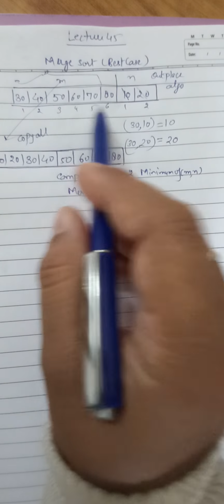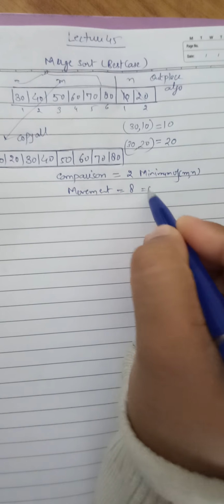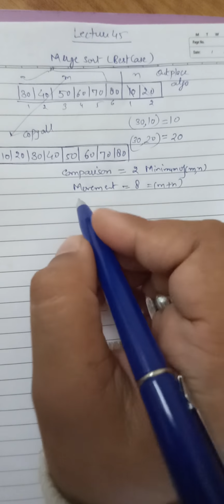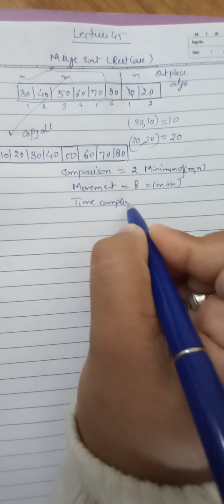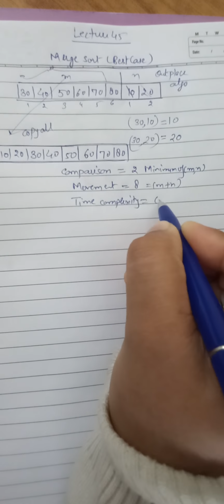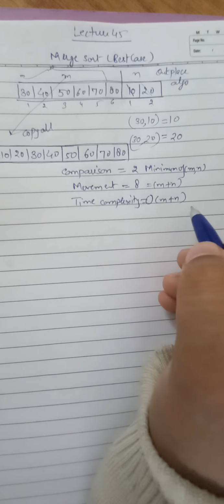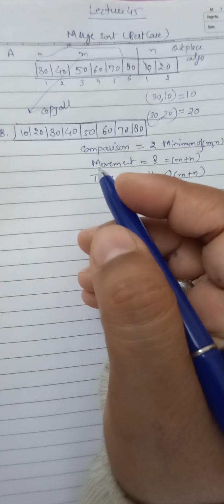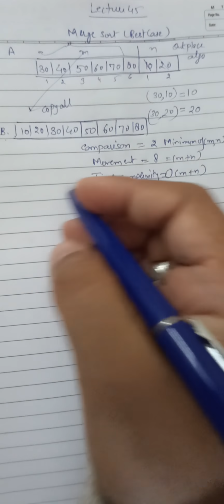How many elements do we have? 6 plus 2, 8. So movements are 8, or we can say m plus n. So we can simply say the time complexity is order of m plus n. The smaller group comes first, so no comparison will be left. That is the best case.